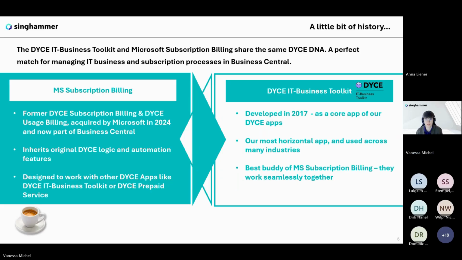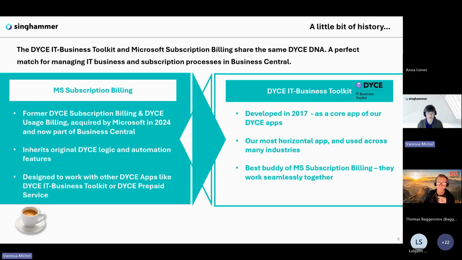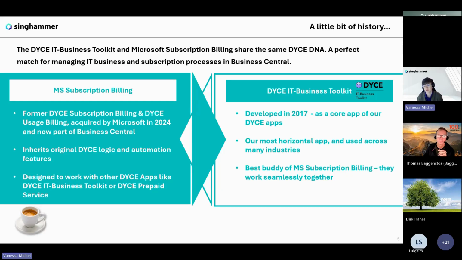The DYCE IT Business Toolkit was also one of the first apps we developed. It's kind of the core functionality, something that all of our customers need, like reporting, documents, and lots and lots of usability features. It is our most horizontal app. What does this mean?